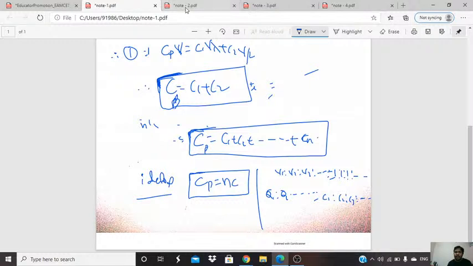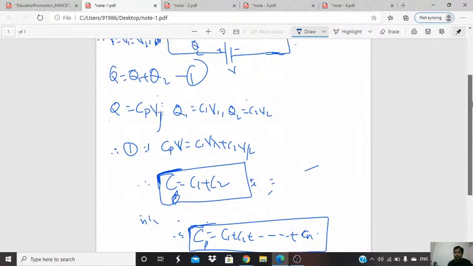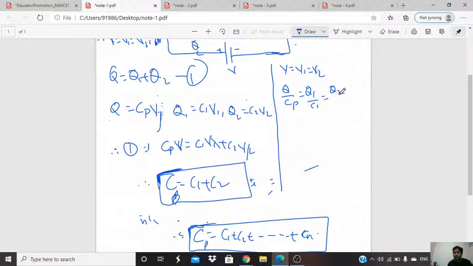And how can we find each charge? See, V equal to V1 equal to V2. So V is Q by Cp in parallel. V1 is Q1 by C1, V2 is Q2 by C2. Equate these two. Q1 equal to C1 by Cp into Q.